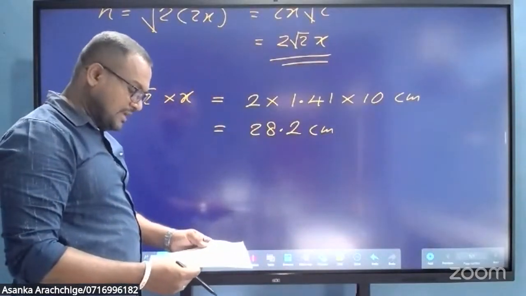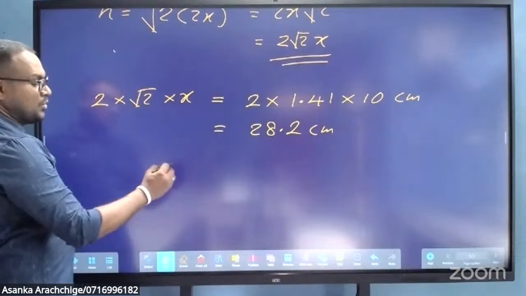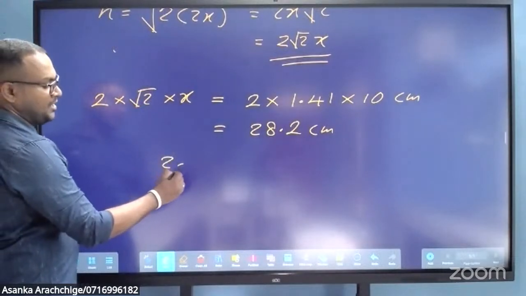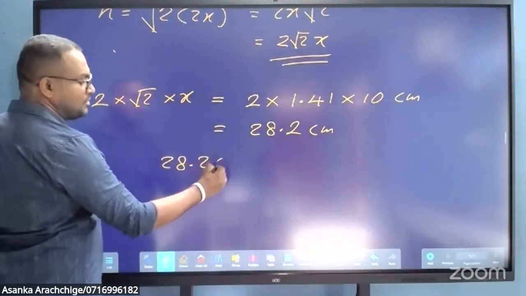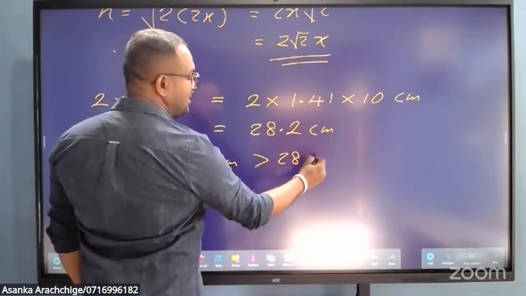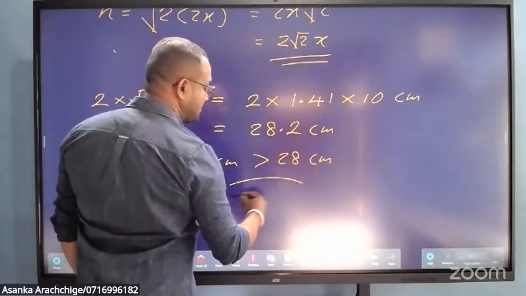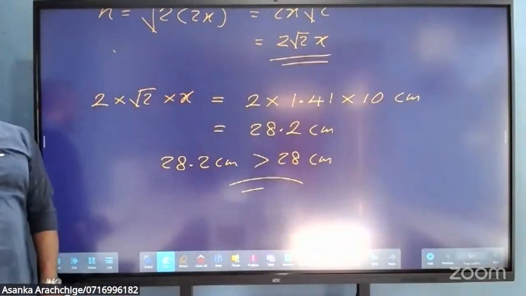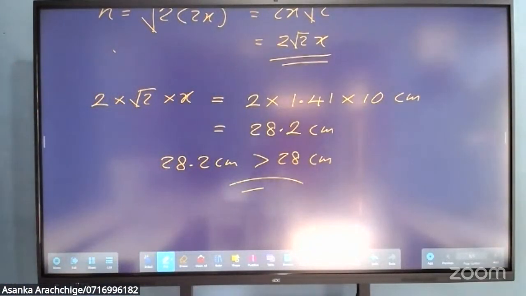We have to show that this is more than 28. Then you can say 28.2 centimeters is greater than 28 centimeters. Yeah, centimeter is අරකට වඩා පොඩ්ඩක් වැඩිනේ, නේ? Got it?